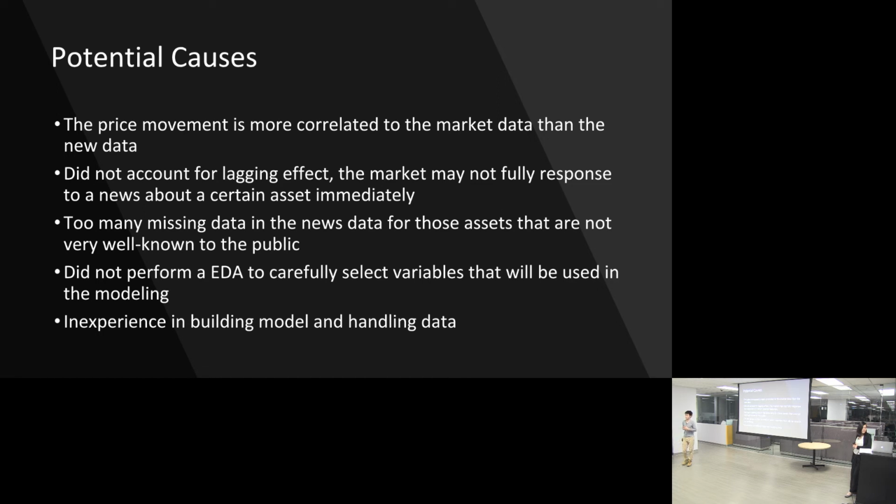But the problem is that we did very little to the news data. For example, when there's news available for a certain stock, the market may not fully respond to the news, and the price may not be fully responding to the news as well.